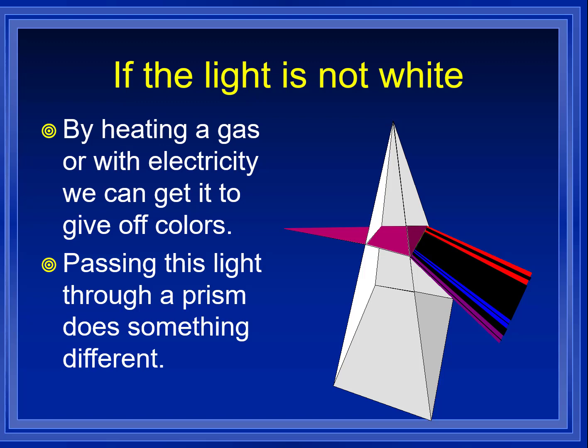How was what you saw in the individual gases different than what you saw when you looked at the white light? It was this, right? There's a whole bunch of colors you didn't see. You just saw individual colors of light, right?